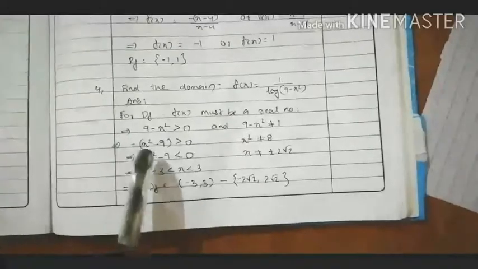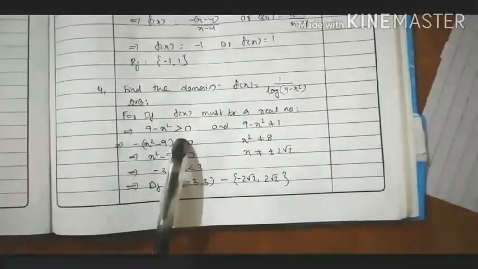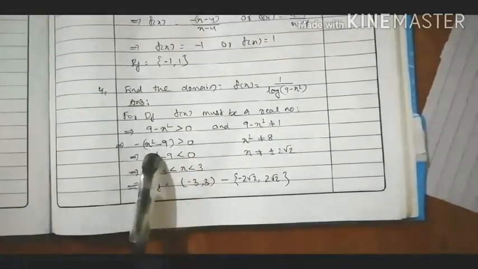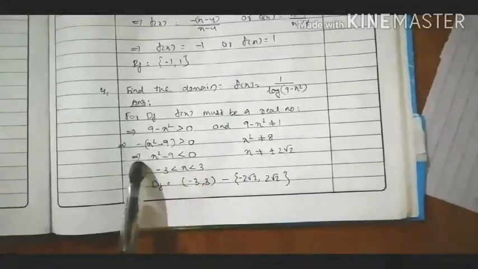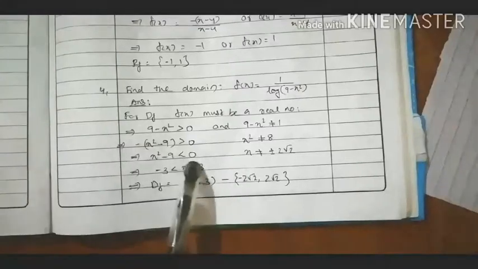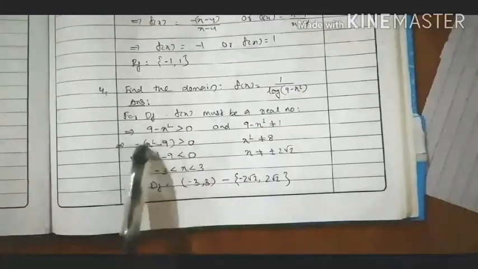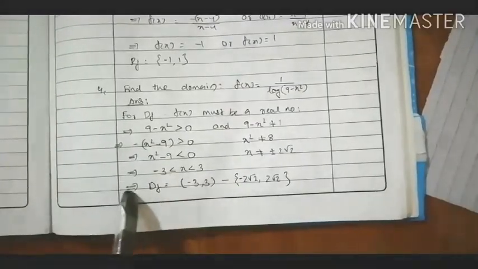So 9 minus x square greater than 0 implies minus x square minus 9 is greater than 0, which implies x square minus 9 is less than 0. Here we are multiplying both sides by minus 1.